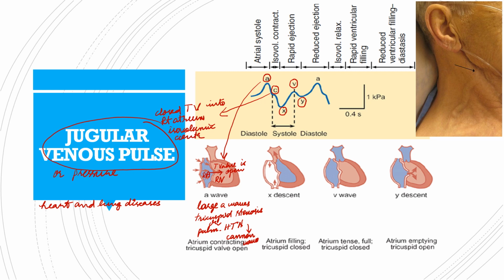So, this isovolumic contraction phase is related with the C wave in the jugular venous pressure curve.